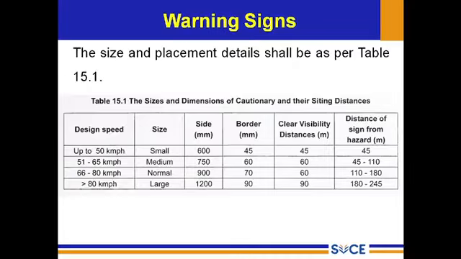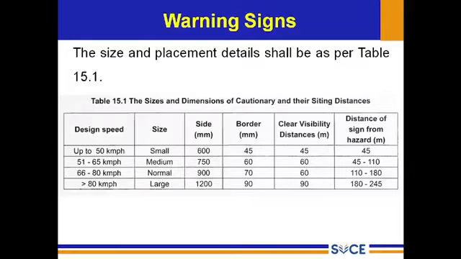The size and placement details of the signboard are given here based on the speeds of vehicles plying on the road. Up to 50 km per hour, especially on urban roads, the size of small boards is enough. Each side is at least 600 millimeter, or 60 centimeter, 2 feet, and border thickness is 45 millimeter, the red color border.